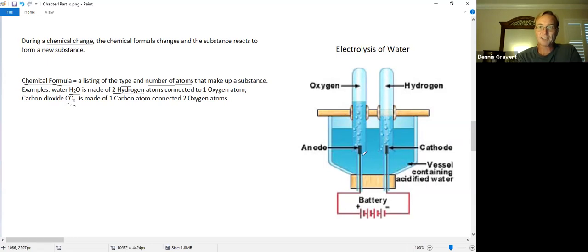There's some acid in here that helps electricity flow, and if you do this, you'll start to see bubbles form from each of these wires as electricity flows through the liquid water. And if originally these test tubes were filled with water, the bubbles of gas would start to push out the water. Hey, the oxygen, that's the name of this gas, is less than the hydrogen, the name of this gas, filling up the test tube.